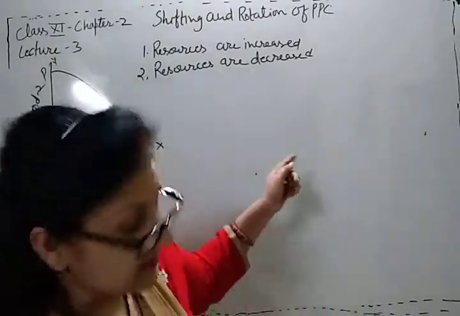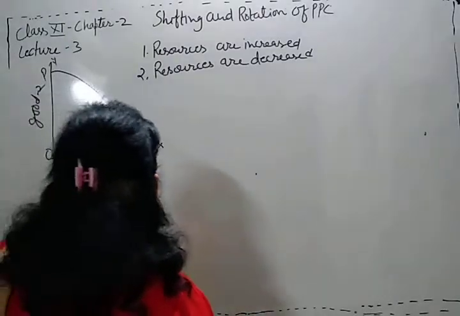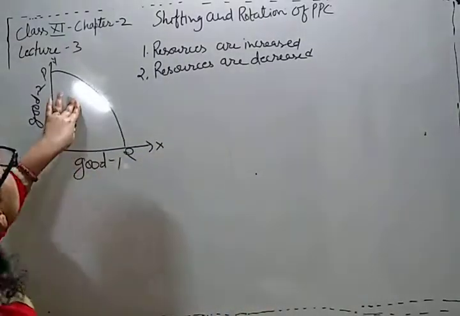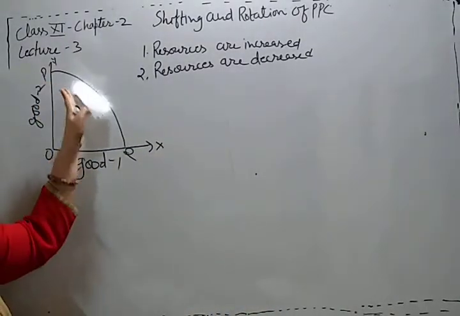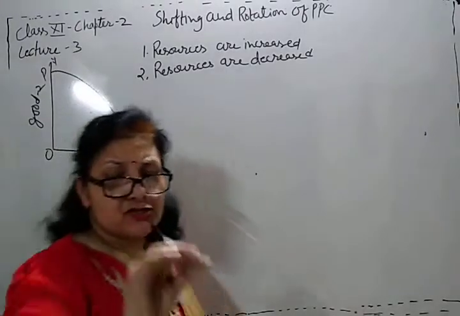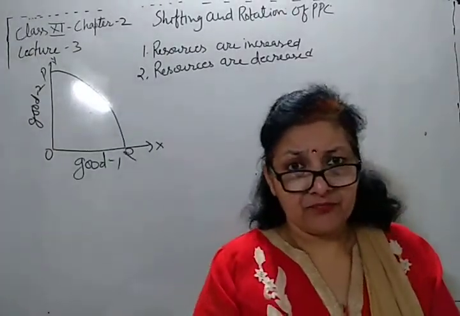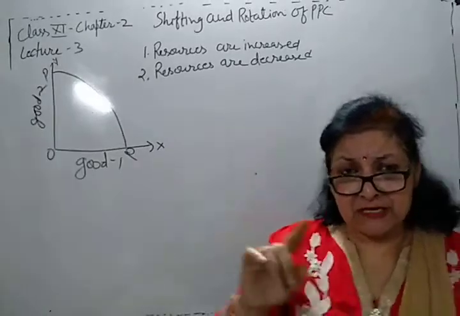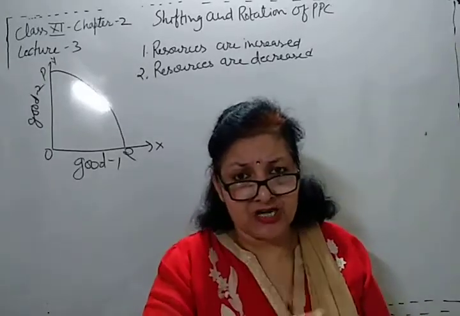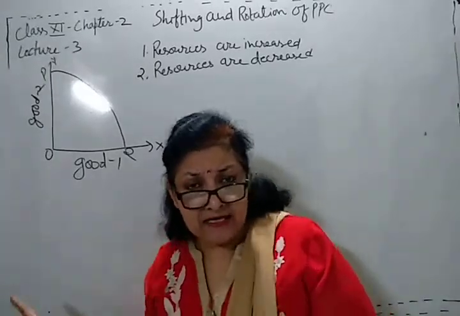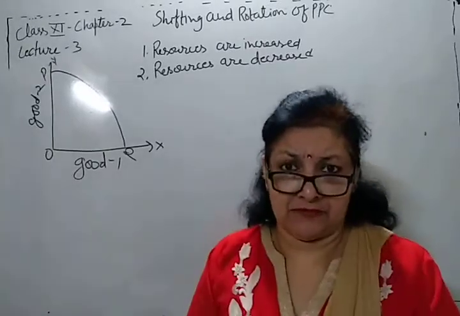When resources are increased, as you know, PPC is a production possibility curve which shows the maximum possible or maximum potential output by given resources and technology.